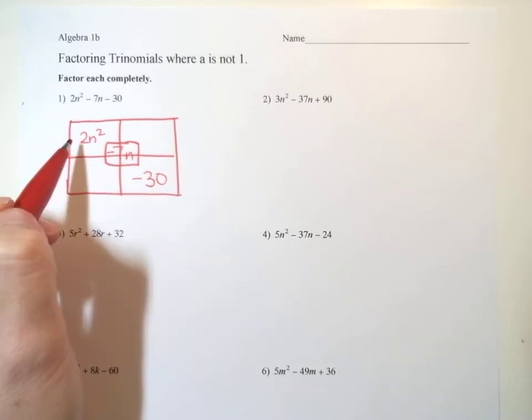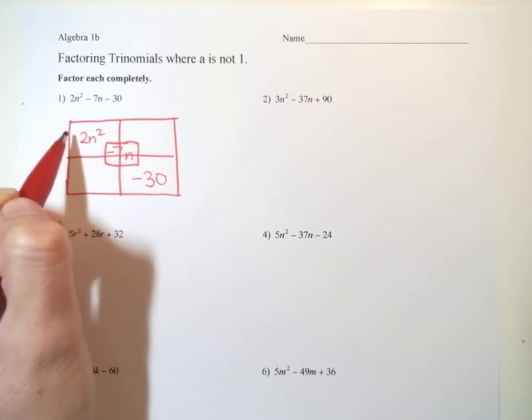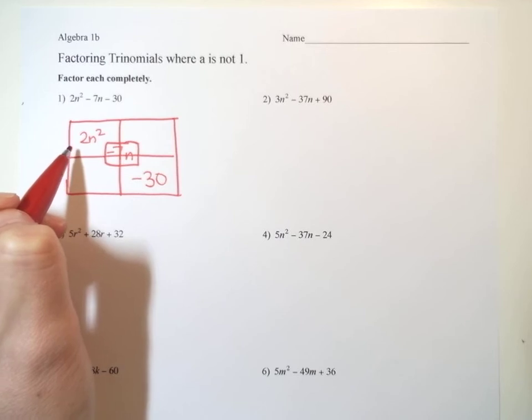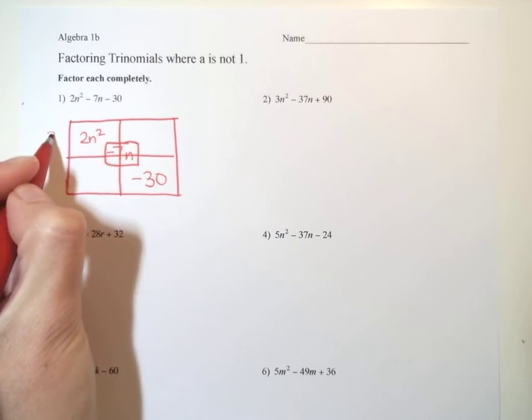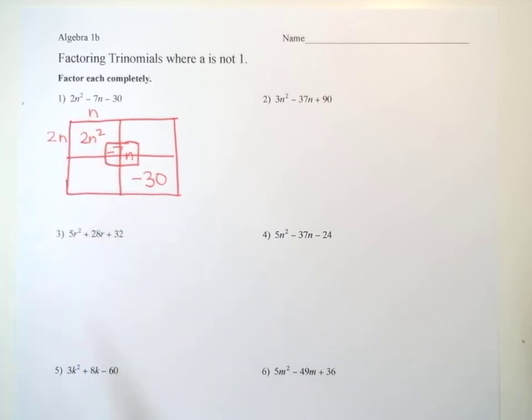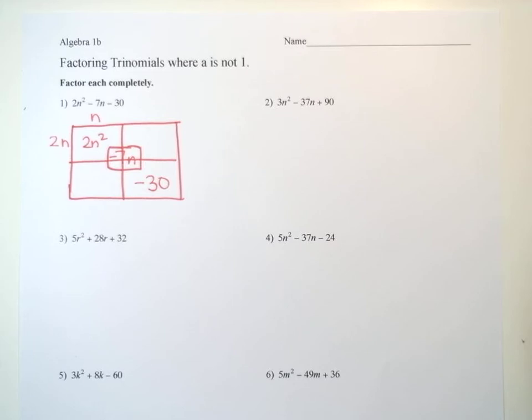Then we need to find the sides of the x squared box. That's this, so what multiplies to give us 2n squared? 2n and n. And then here comes the harder part. We need to guess and check to find the other two sides.